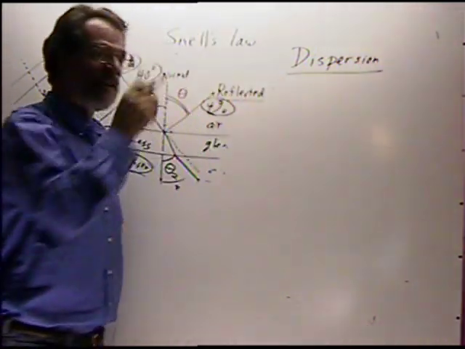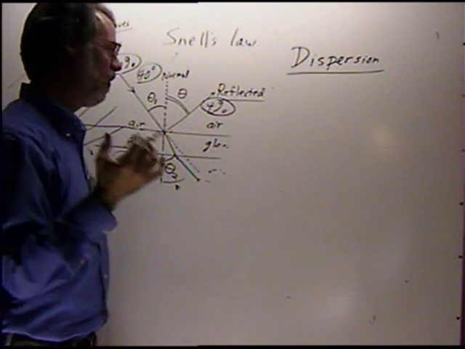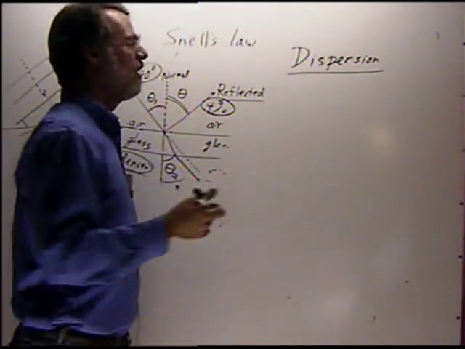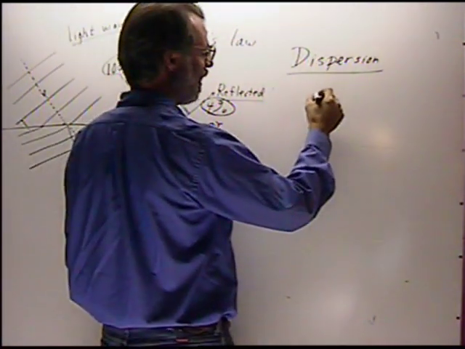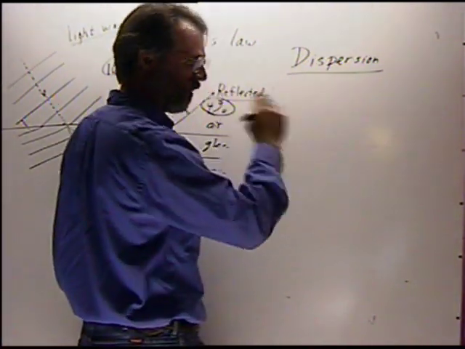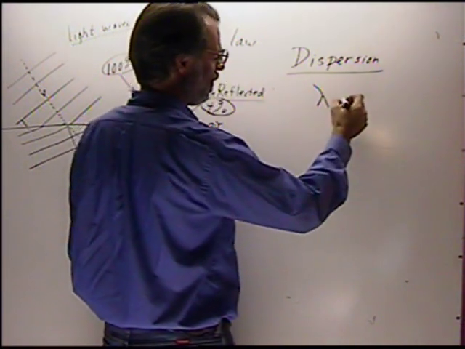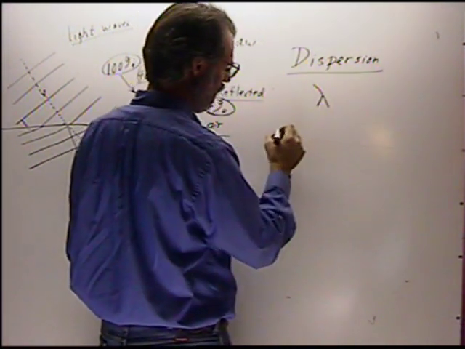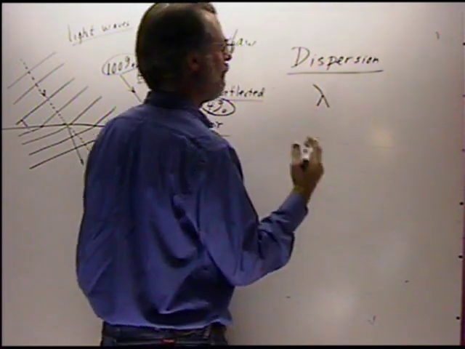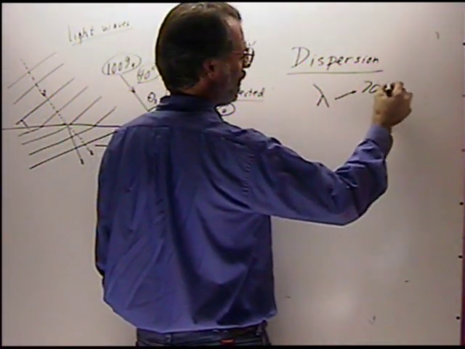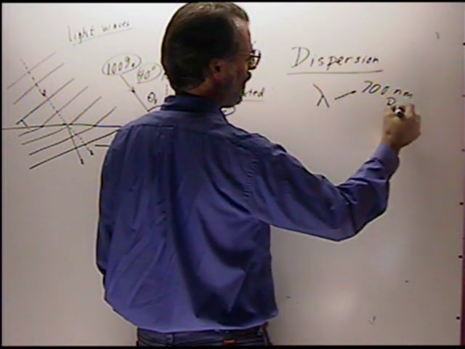The idea of dispersion, which is true for a piece of glass or any kind of optic material, is that light has a certain wavelength. For visible light, if the wavelength is of the order of say 700 nanometers, it's in the red region.